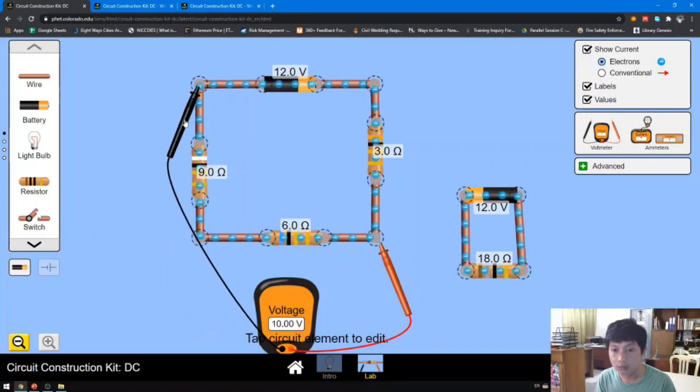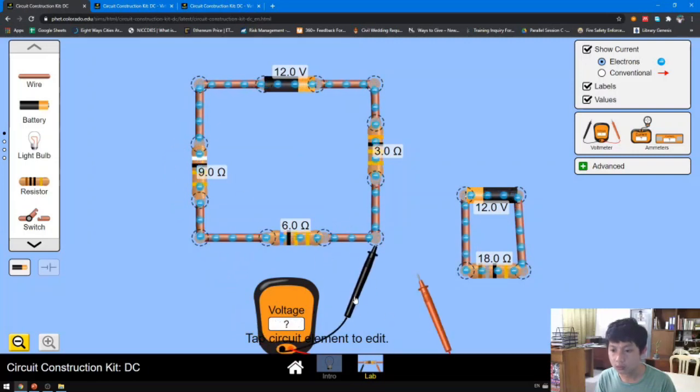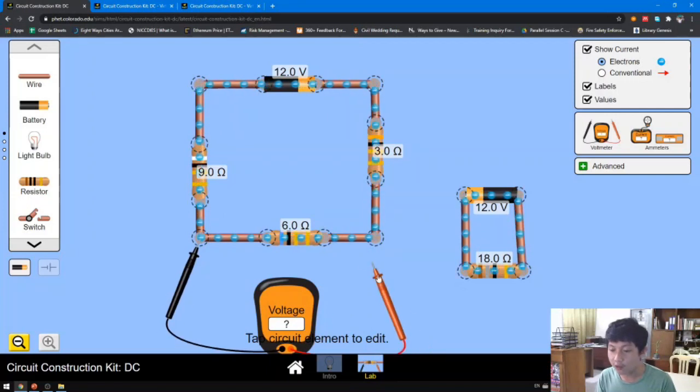Alright. 6 volts. 2 volts? What? Okay, what I did is I measured the voltage across each resistor this way, and I found out that the voltage across each resistor is different.